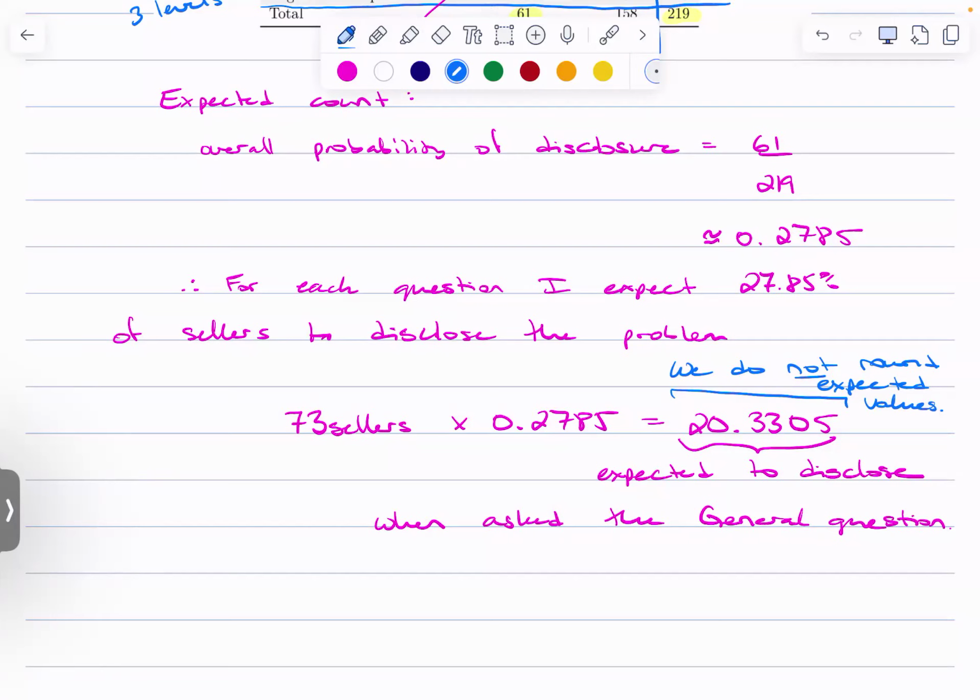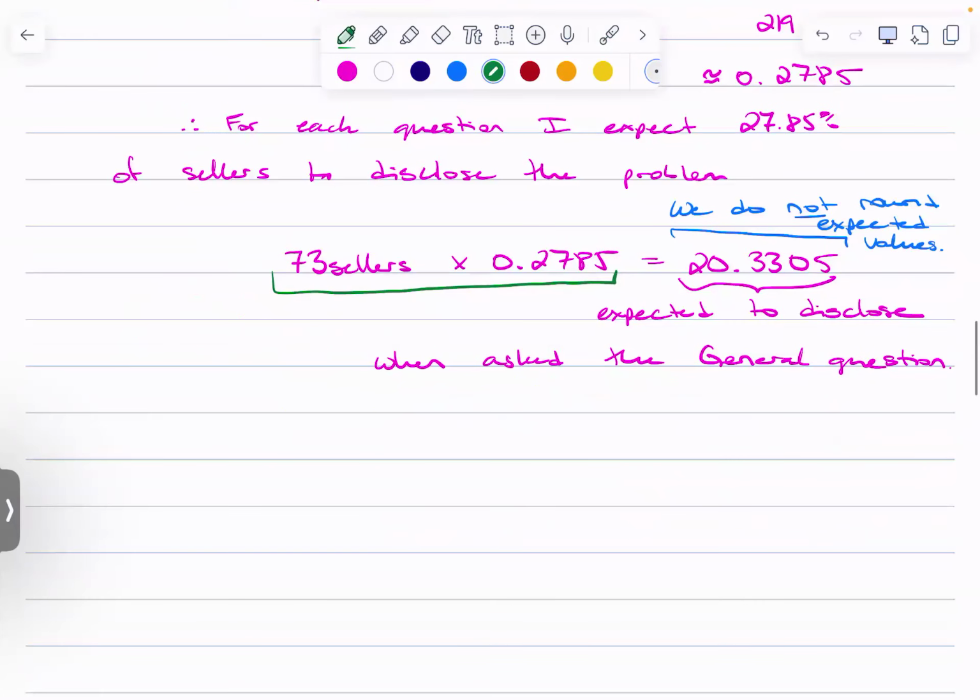Yeah, so here I use this rounded value, but if you use the proper value, it'll be slightly different. So what did we do? All right, let's build on that.